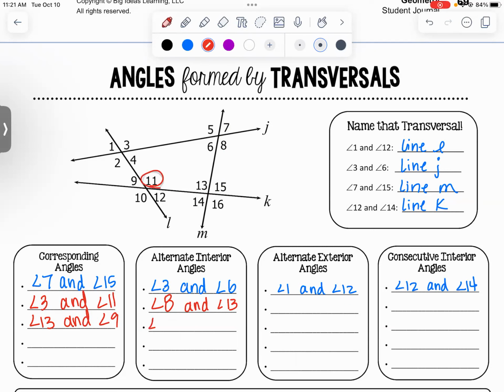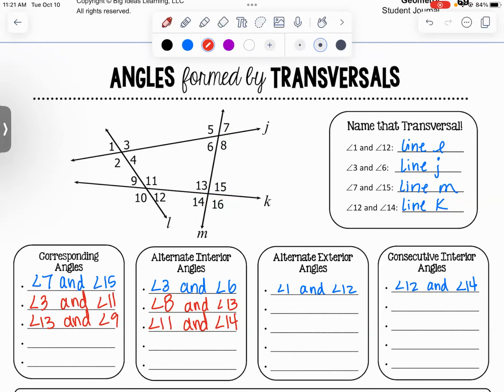How about angle 11? Presley, what is the alternate interior angle to angle 11? You know what I was ready for? I was ready for the answer of 2. But the answer of 14 is also correct.